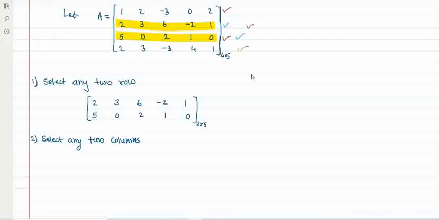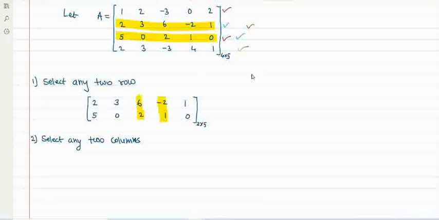That choice is left to you. Here I will select the third and fourth. Again, it is not mandatory to select those particular columns. We are forming a square matrix of order R by R, in general, by selecting any 2 rows and any 2 columns.